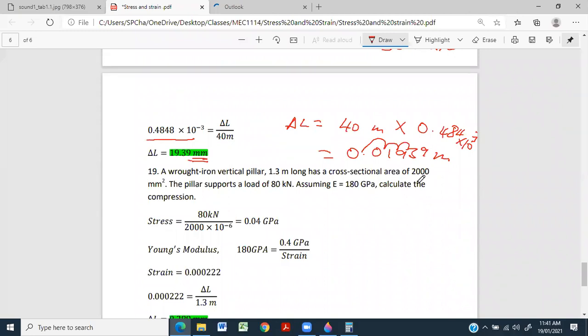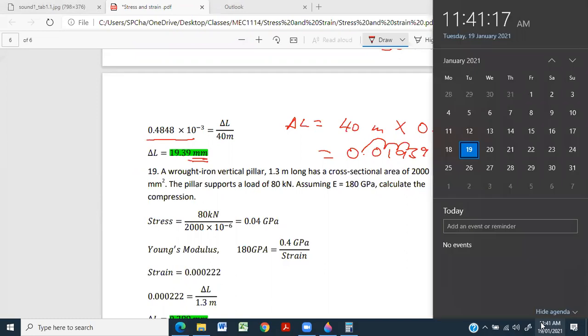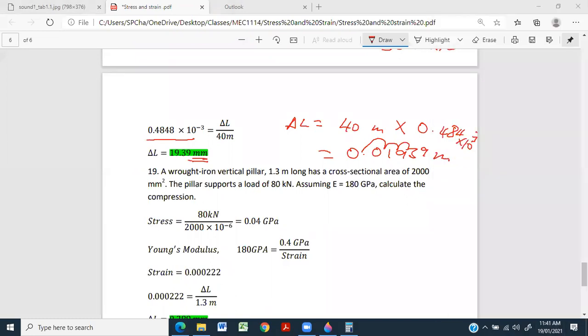So let me write in the chat: test on Friday. When is Friday? The 22nd. That's on Friday 22nd on stress and strain.